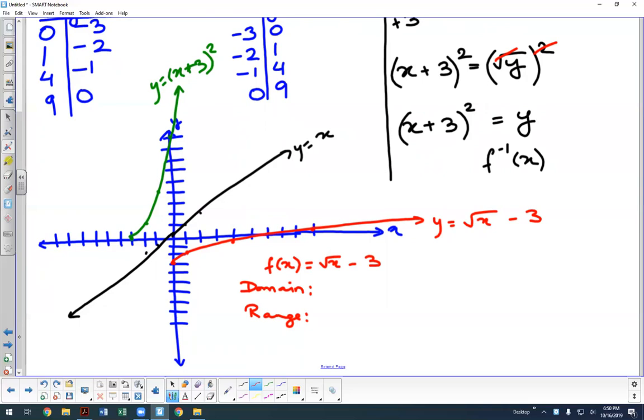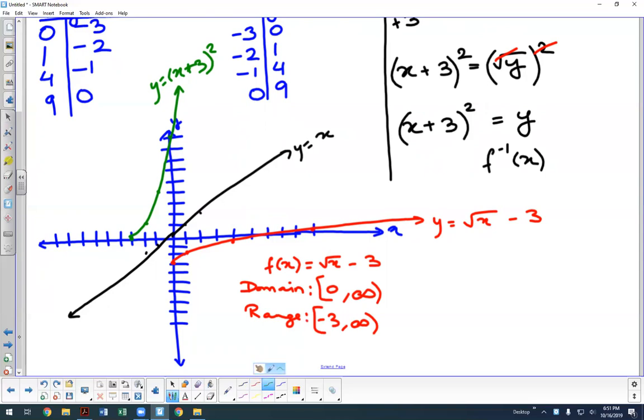It'll be 0 to infinity with the 0 included. Very nice. Range? The range will be the -3 included to infinity. Yeah, because this guy will go from -3, but it's only going to keep going up. So it's -3 to infinity. Alrighty, very nice.